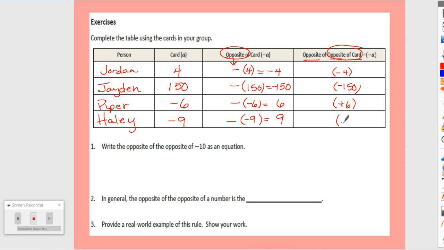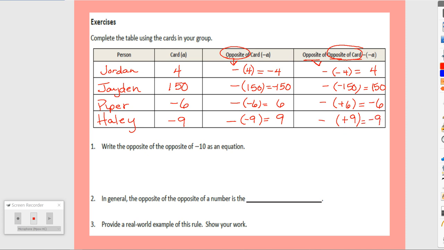And we have a +9. And we want the opposite of those. So when we do that, what's the opposite of -4? +4. What's the opposite of -150? +150. Opposite of a +6? -6. And an opposite of a +9 is a -9.